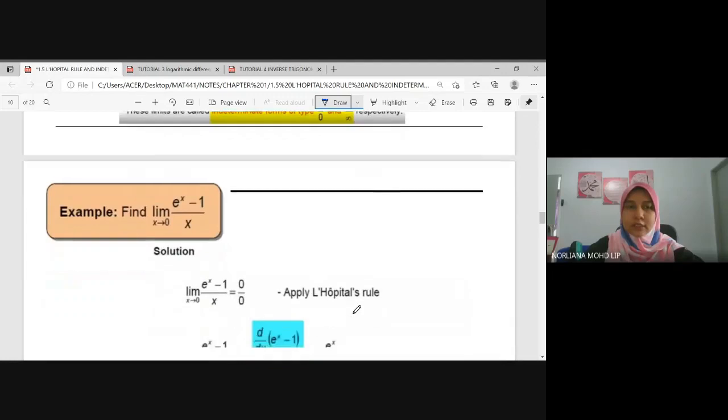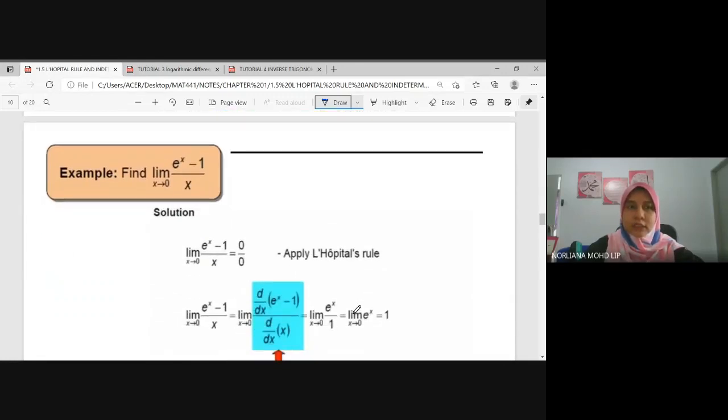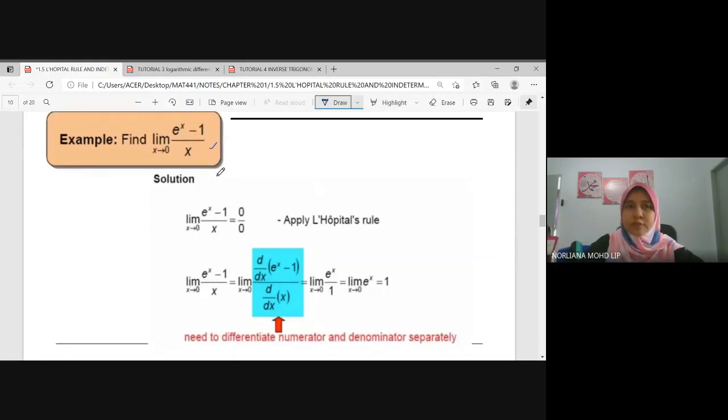Let's look at this example, how to apply these L'Hopital rules in this limit. In the previous slide we found the limit is equal to 0 over 0, an indeterminate form. So we have to apply the L'Hopital rules.